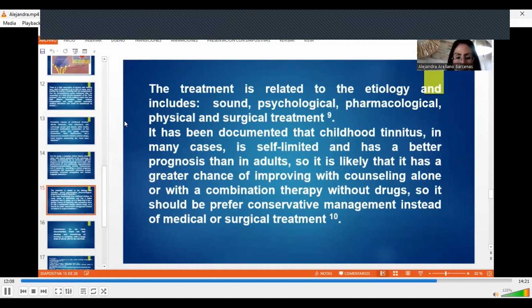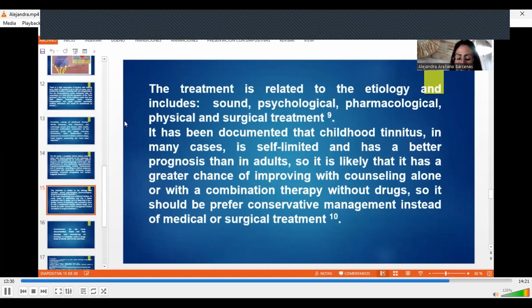And fortunately, it has been documented that childhood tinnitus, in many cases, is self-limited and has a better prognosis than in adults, getting the right treatment, of course.